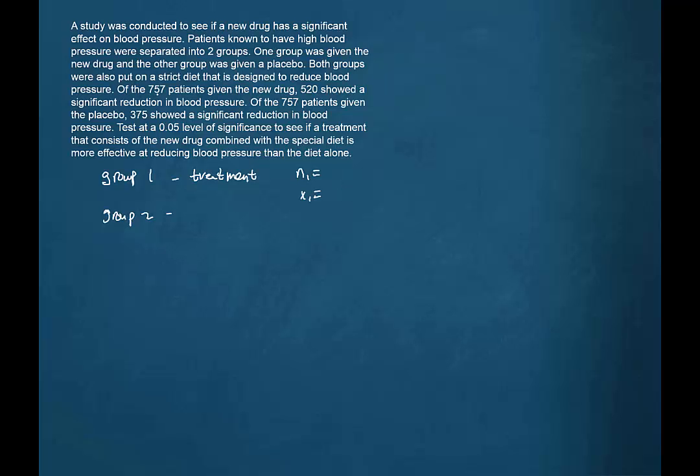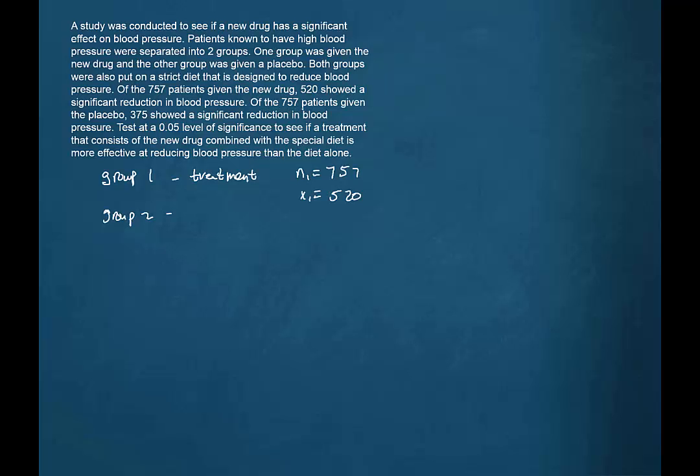In the problem it says, of the 757 patients given the new drug, so the number of observations here was 757. It says that 520 showed a significant reduction in blood pressure. If a success is finding someone who showed a significant reduction, then the number of favorable observations would be 520.